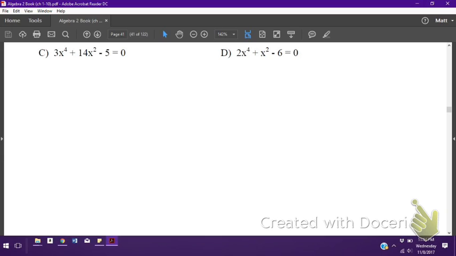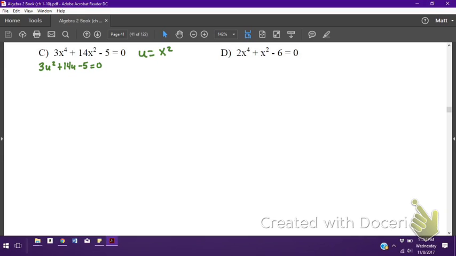So, just to remind us again of how that actually looks, I'm going to say that U is going to equal x squared. Now, if U is equal to x squared, then I could go ahead and replace it in my equation. So I could say that 3 times U squared plus 14U minus 5 is equal to 0.